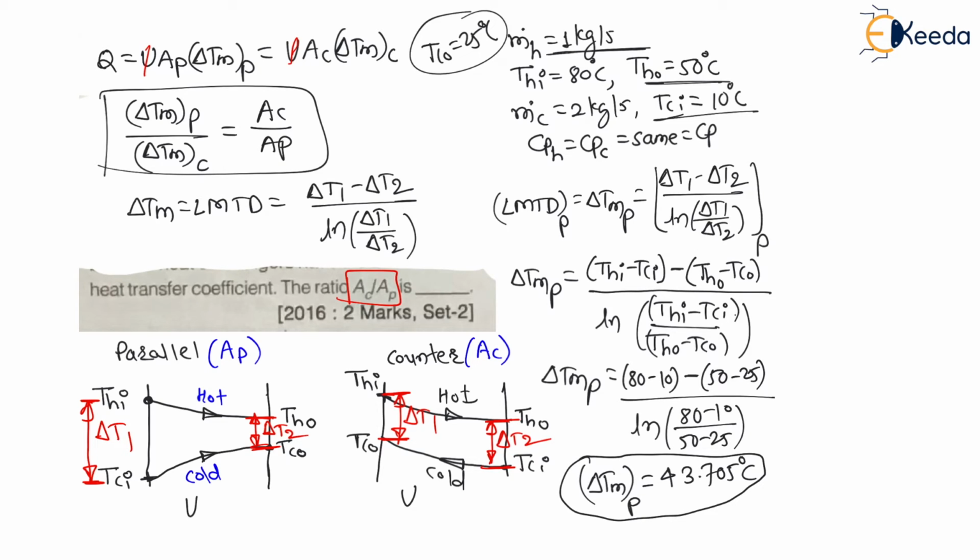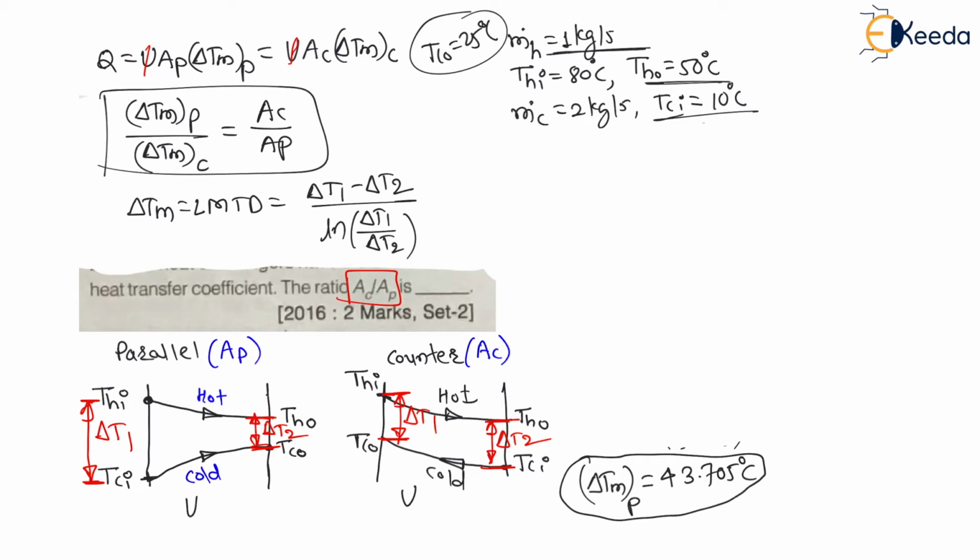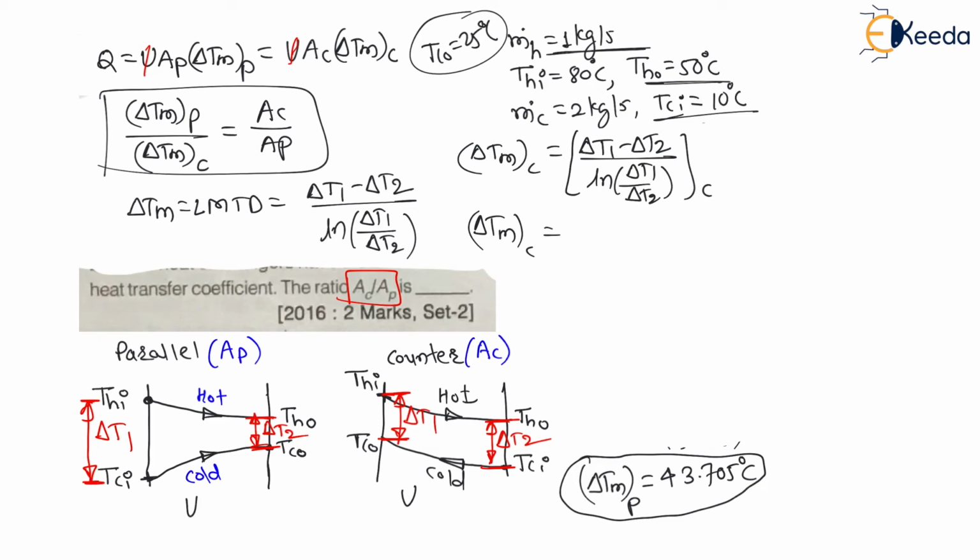Now once you calculate LMTD of parallel flow, let us find LMTD of counter flow heat exchanger. Therefore, if I write this delta Tm formula for counter flow heat exchanger, I have to write delta T1 minus delta T2 divided by ln of delta T1 divided by delta T2, but these values are for counter flow heat exchanger. For counter flow, delta T1 is Thi minus Tco, right?